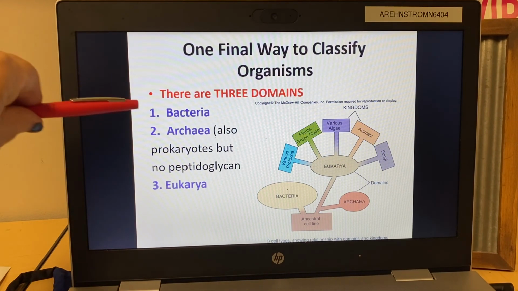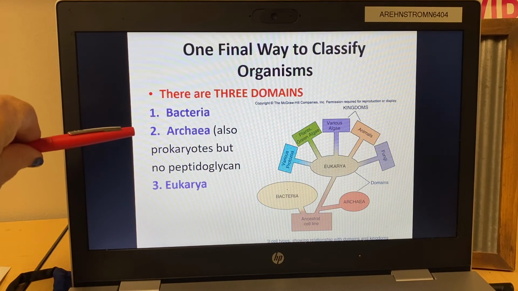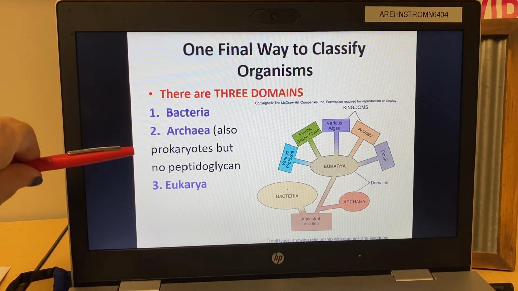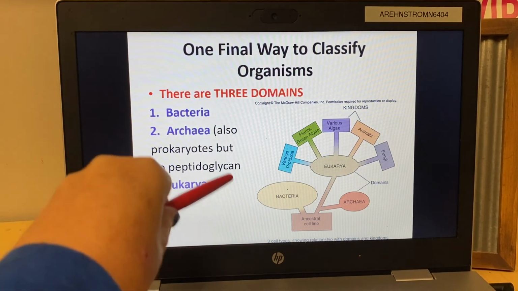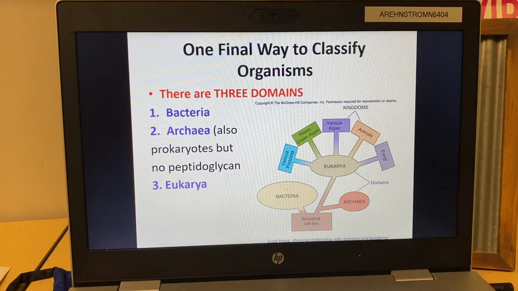Okay, so 2 of the 3 domains are prokaryotes, meaning they're really small, single-celled, and don't have a nucleus. Then everything with a nucleus is lumped into the 3rd domain, which we call eukarya, meaning everything that is a eukaryotic cell, which has a nucleus.